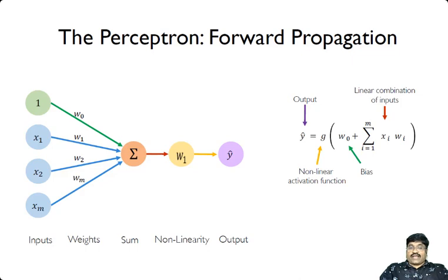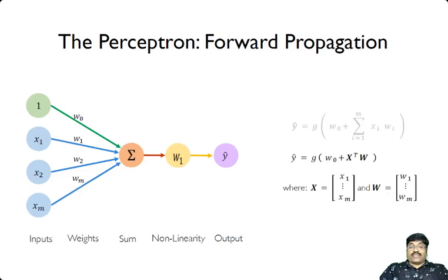Now, on the right side, you can see this diagram illustrated mathematically as a single equation, and we can actually rewrite this using linear algebra in terms of vectors and dot products. So instead of having a summation over all the x's, I'm going to collapse my x into a vector capital X, which is now just a list, a vector of inputs, I should say.